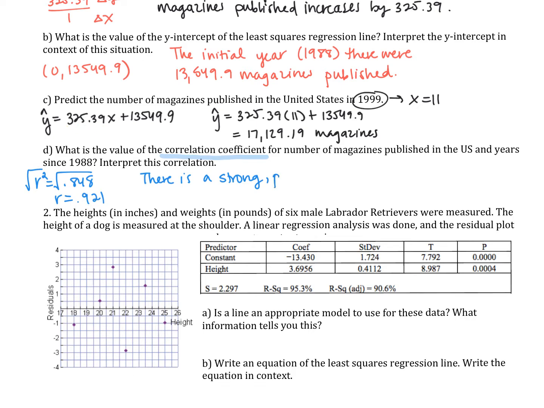There's a strong, positive, linear relationship between number of magazines published and years since 1988.